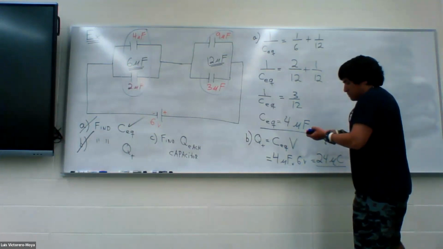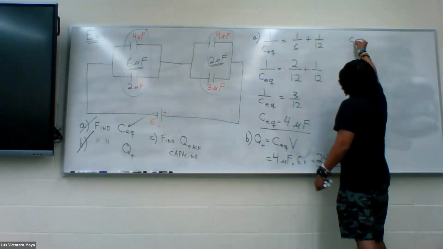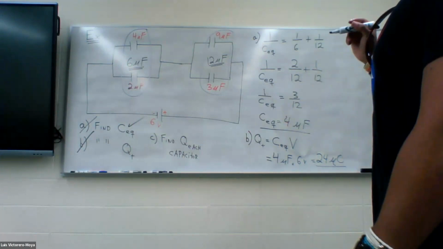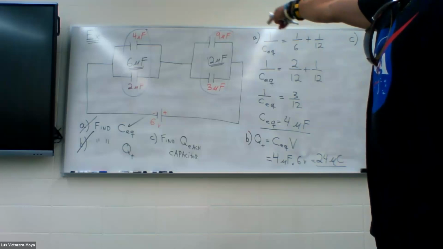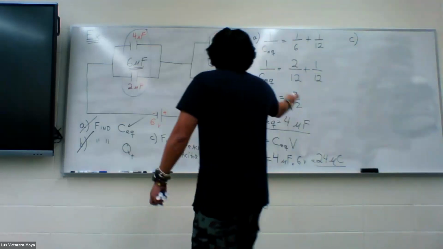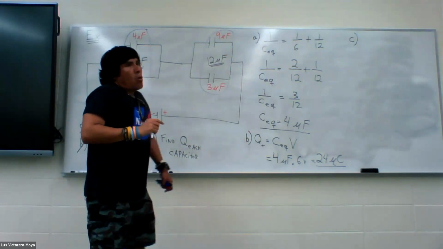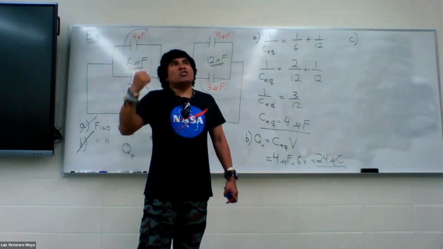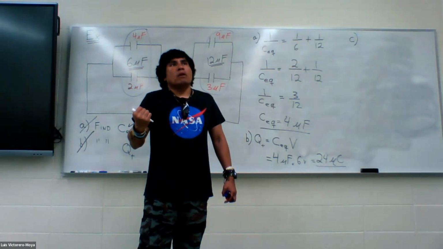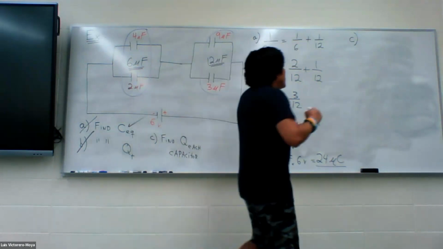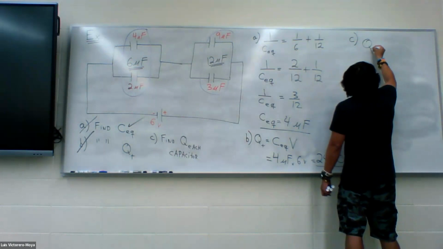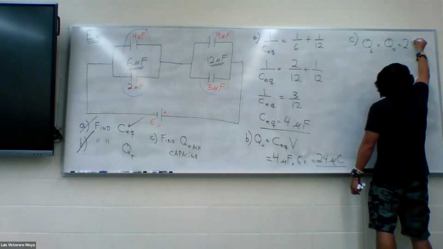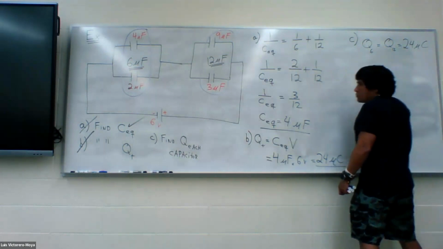Let's do part C. For part C, you first need to notice, if you go backwards, that 6 and 12 are in series. So by the theory, you know that the charge on 6 is equal to the charge on 12 because they are in series. So you start with that statement. The charge on 6 is equal to the charge on 12, which is equal to 24 microcoulomb.